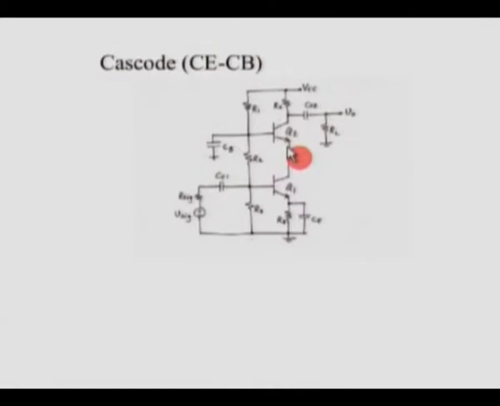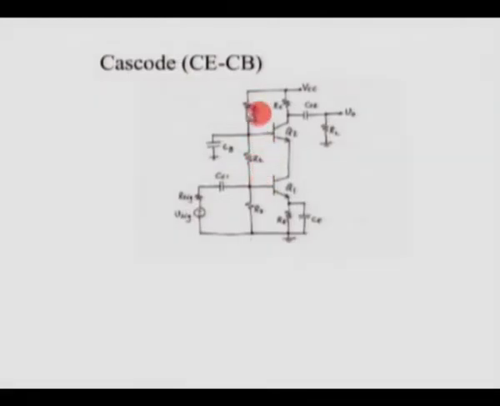We know that in a common base amplifier the input is between the emitter and base. You can see here that the base terminal is grounded through a capacitor, so for AC the base terminal of the second transistor is at ground potential.